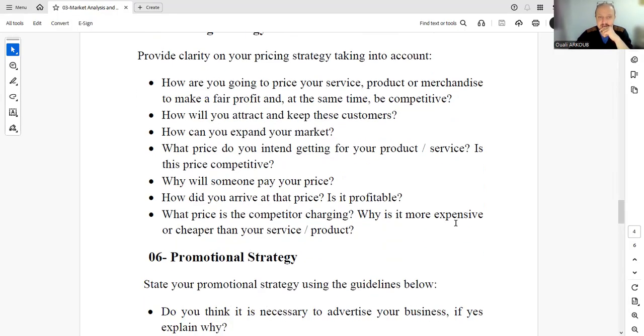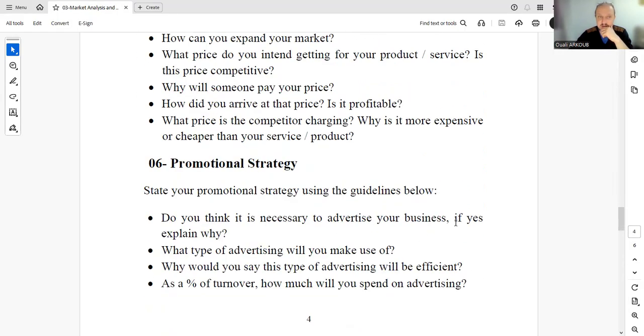The second strategy is promotional strategy, about promotion. State your promotional strategy using the guidelines below. First, do you think it is necessary to advertise your business? If yes, explain why. Second, what type of advertising will you make use of? Third, why would you say this type of advertising will be efficient?